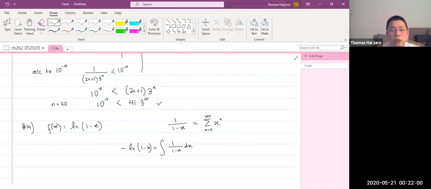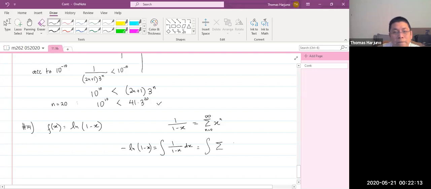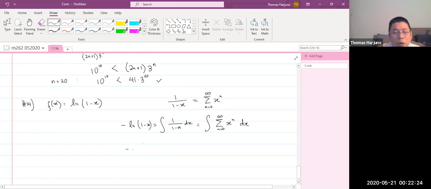You do substitution, you get negative, right? But this is equal to the integral of the power series. So negative natural log of 1 minus x.